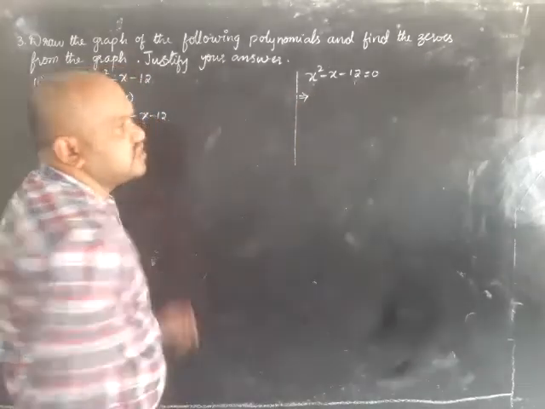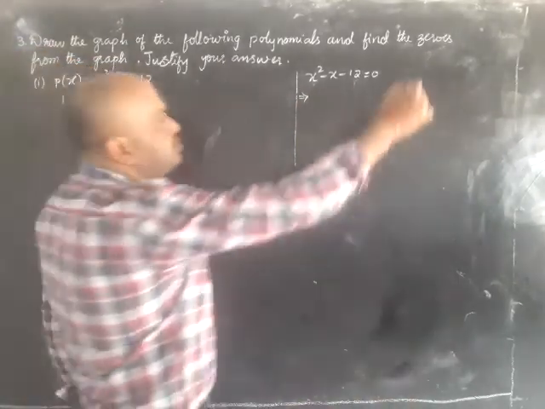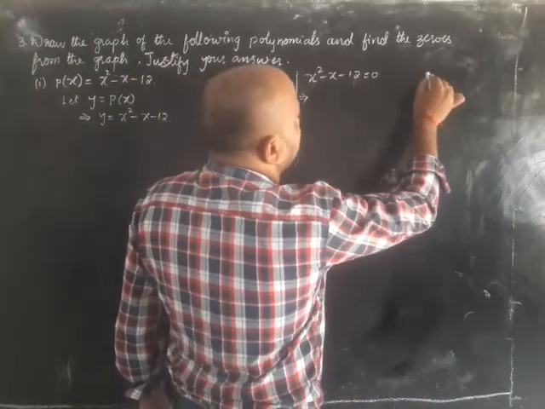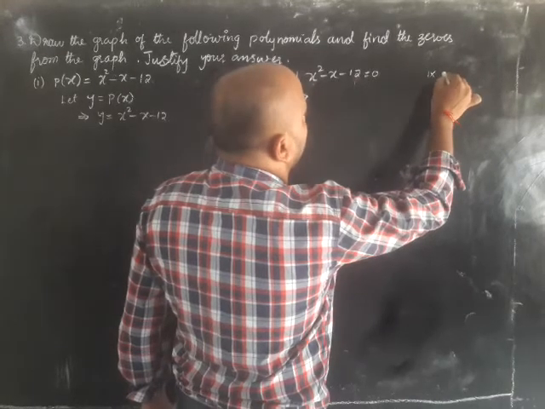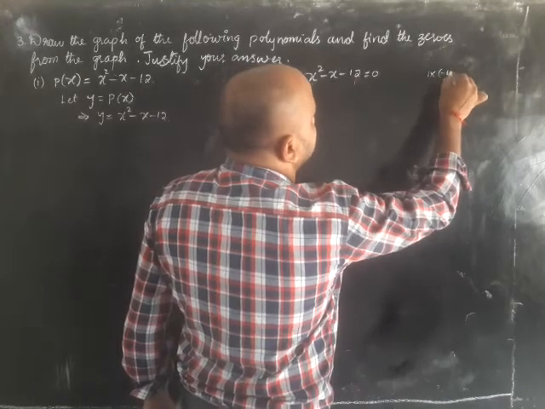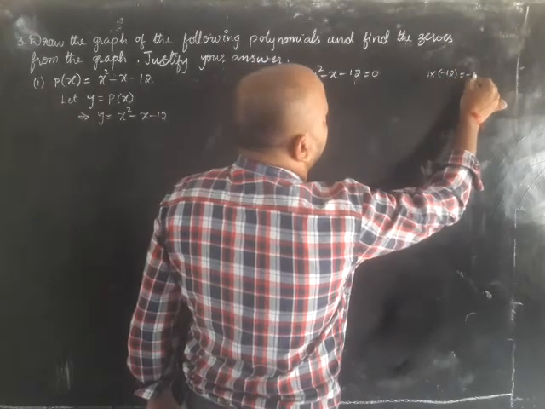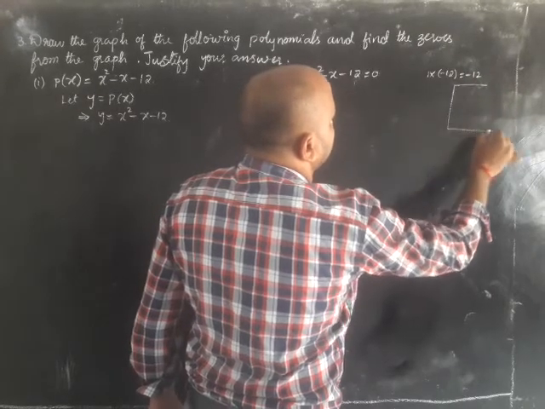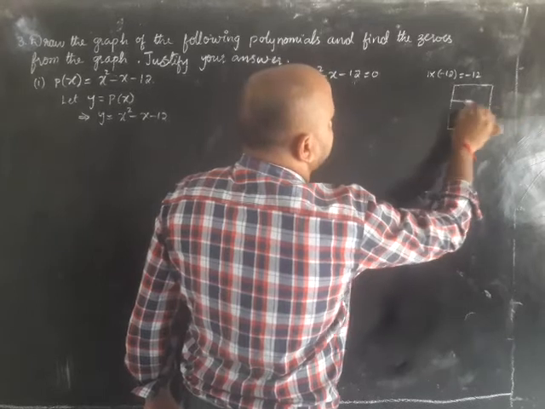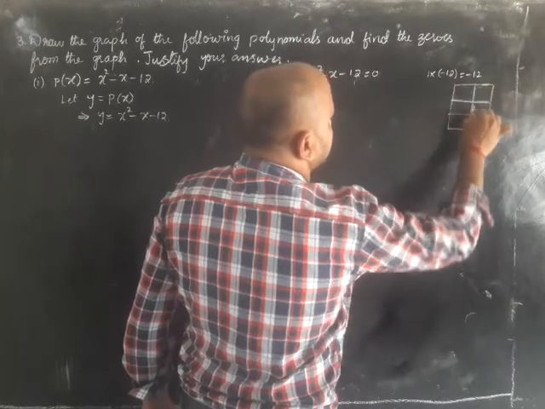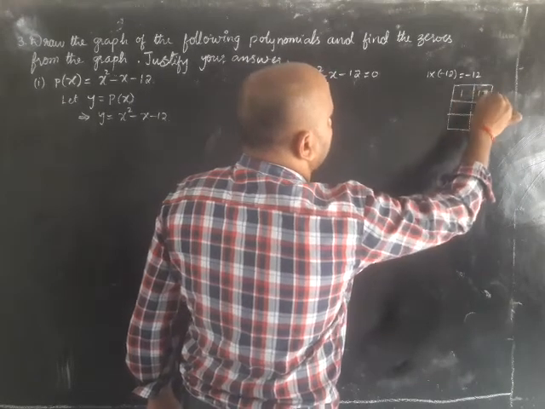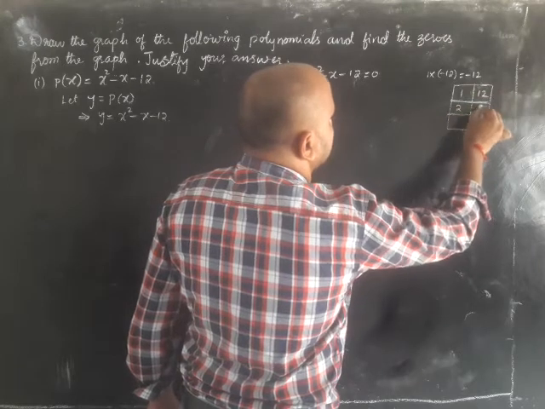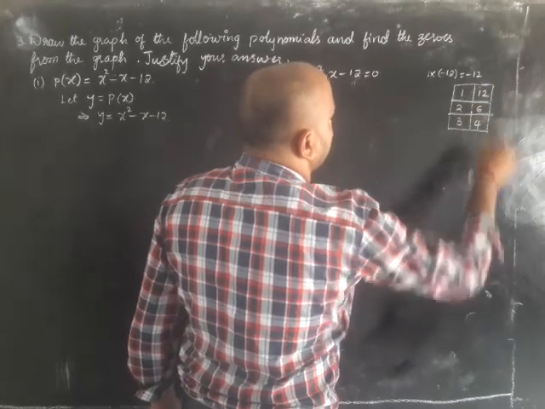Now see here, what is the coefficient of x square? 1 into the constant minus 12 will be equal to minus 12. Now the factors of 12 are 1 into 12, 2 into 6, 3 into 4.